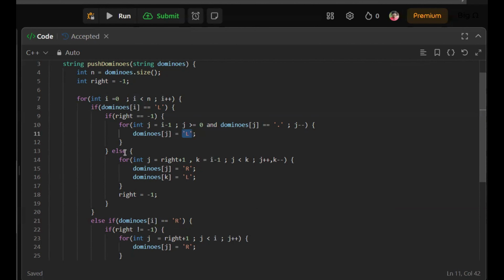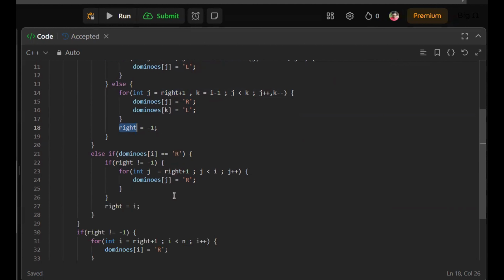And if we have a right-sided domino, that means we have to use 2 pointers here, where the right-sided dominoes will be moved to the right side and the left-sided dominoes will be moved to the left side. After that, we have to reset the value of the right dominoes.